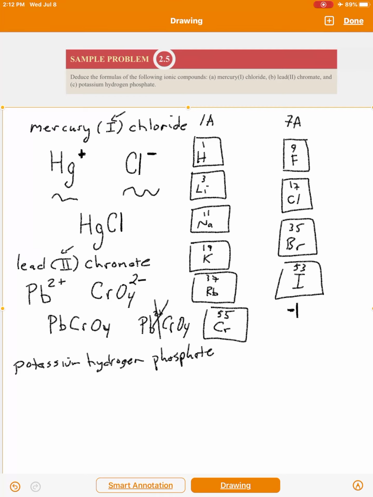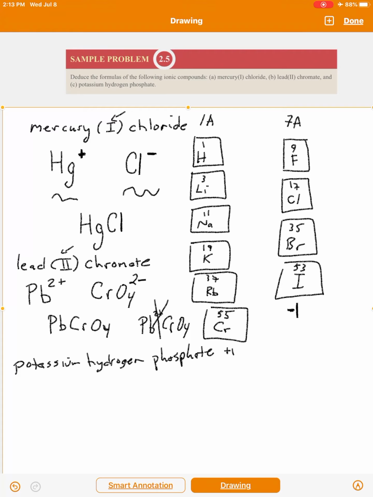Okay. All of those ions in ionic compounds have a charge of +1. In a sense, they're the counter to the halogens, group 7A. 7A, all of those ions are -1. 1A, they're all +1. Memorize those charges.